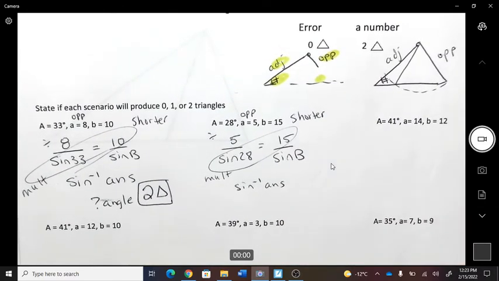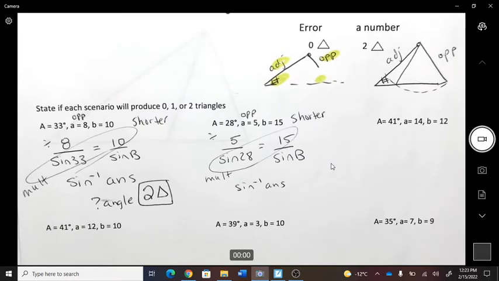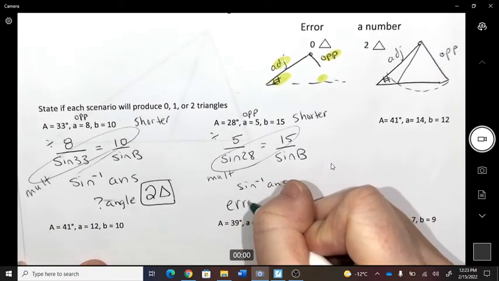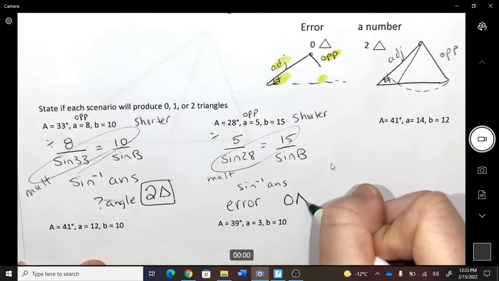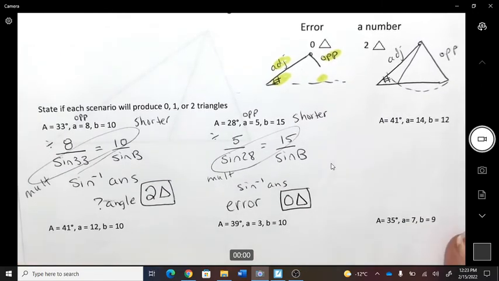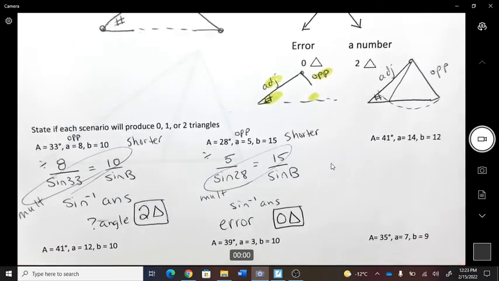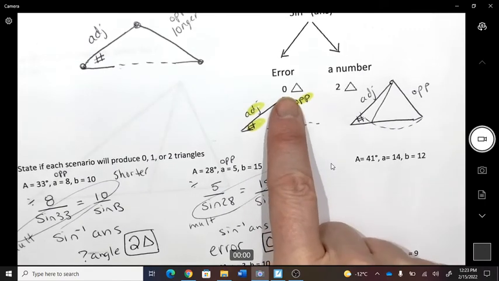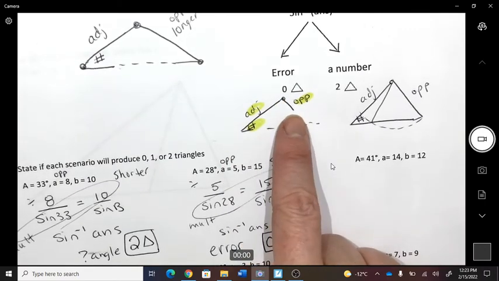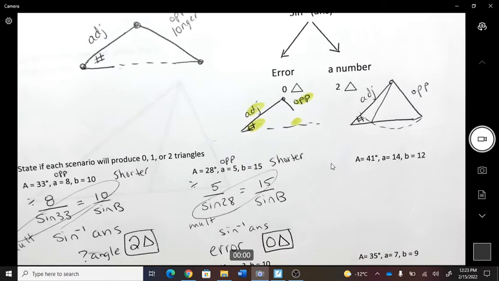So is it going to be an answer? Did it come to a number, or does it come to an error? And it's saying an error. So this is my conclusion: there's going to be no triangles. And it would kind of make sense to me, if this was 15, 5 doesn't seem like it would be long enough to reach in a situation like that.